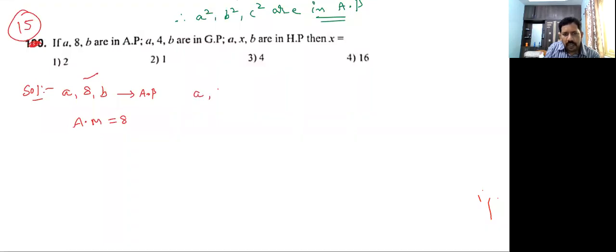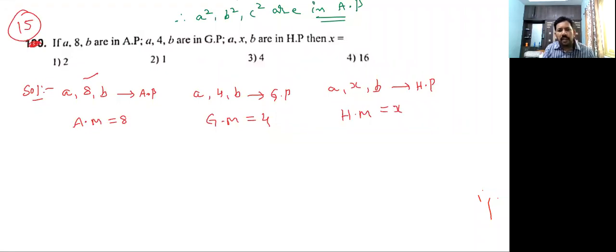Similarly, A, 4, B are in GP. Then what is the geometric mean? It is 4. Similarly, A, X, B are in HP, then the harmonic mean is equal to X, but they are asking for the X value. What is the relation between arithmetic mean, geometric mean, and harmonic mean?